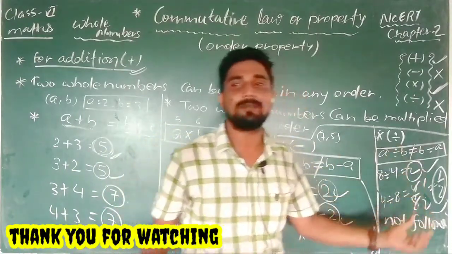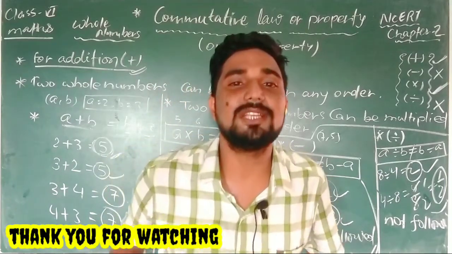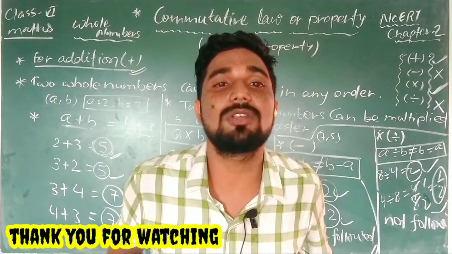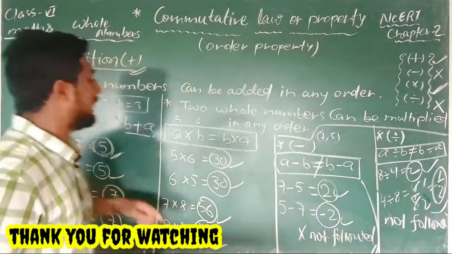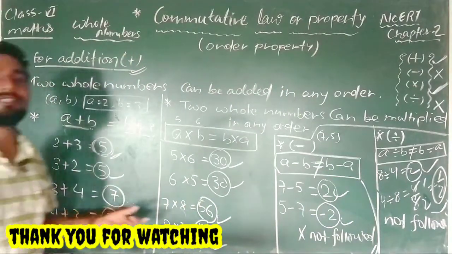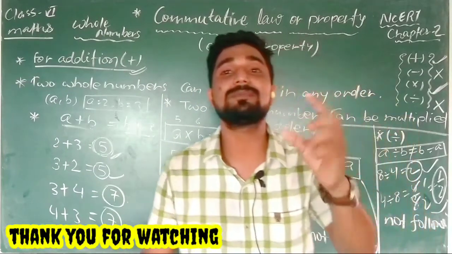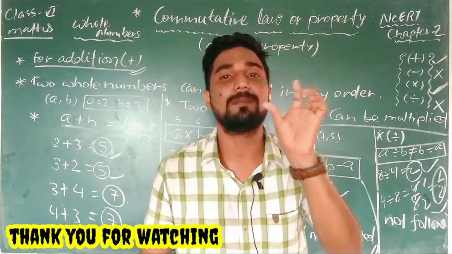And if it is asked for the division operation, then you have to say, when we change the order of two whole numbers, the quotient does not come equal. That is why it is not followed. And for addition, when we change the order of the two whole numbers, the sum comes equal. Sum means the addition result of two numbers.